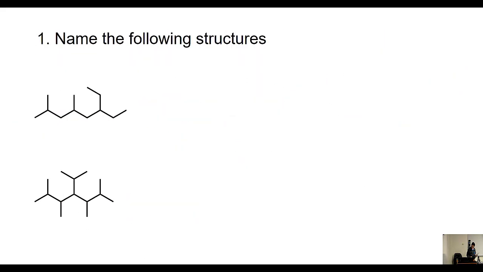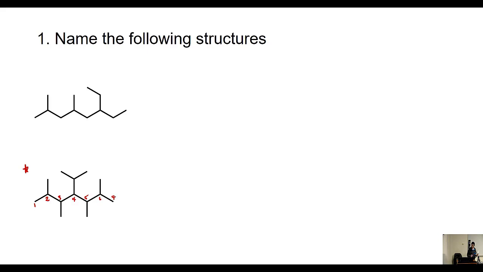Okay, so first things first, let's find our longest chain and count our carbons. So my longest chain is going to be this. Okay.